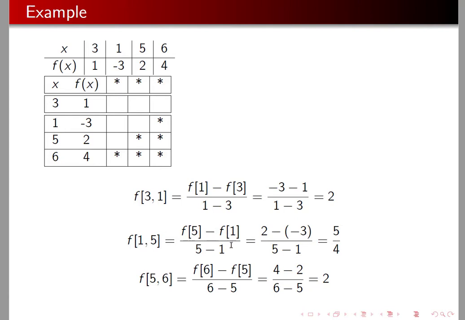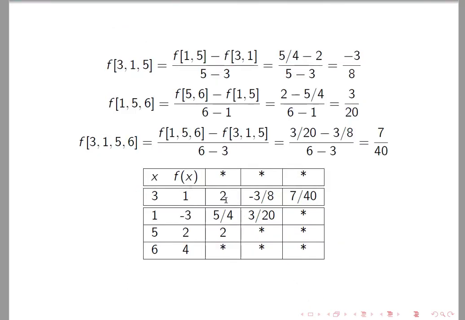I run through it formally, get 5/4. That number will go here. f[5,6], go through its formula and get a 2. That number will go here. So I've got 2, 5/4, 2.